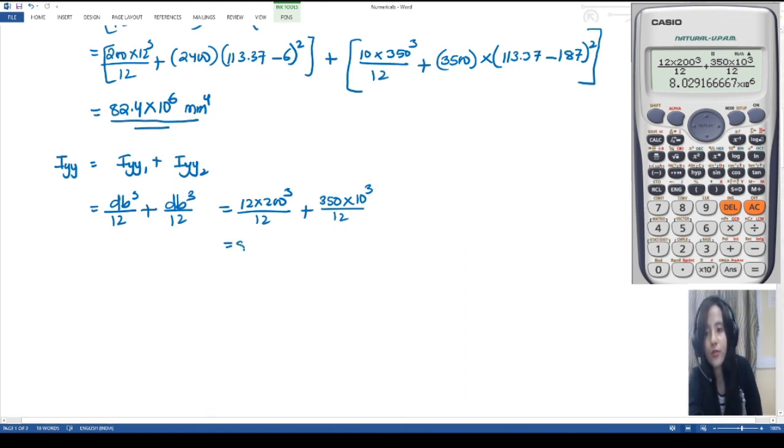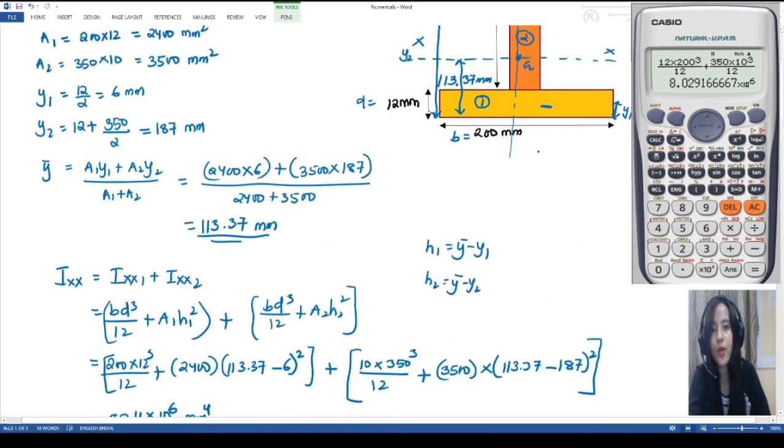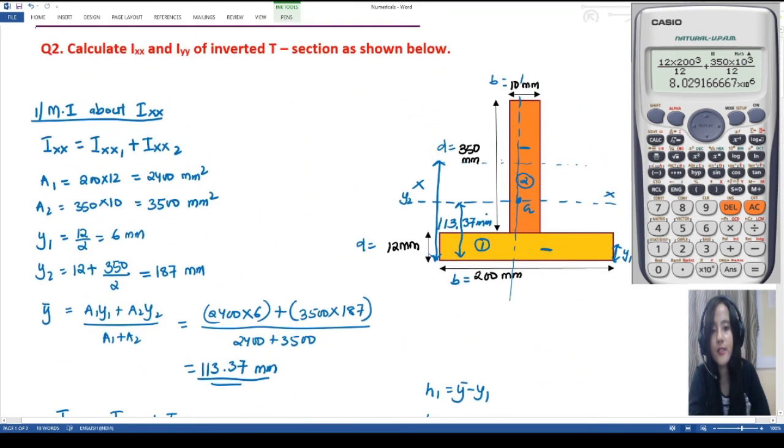It is coming equal to 8.03 into 10 raised to power 6 mm raised to power 4. So this is my moment of inertia about Iyy and Ixx for an inverted T section.